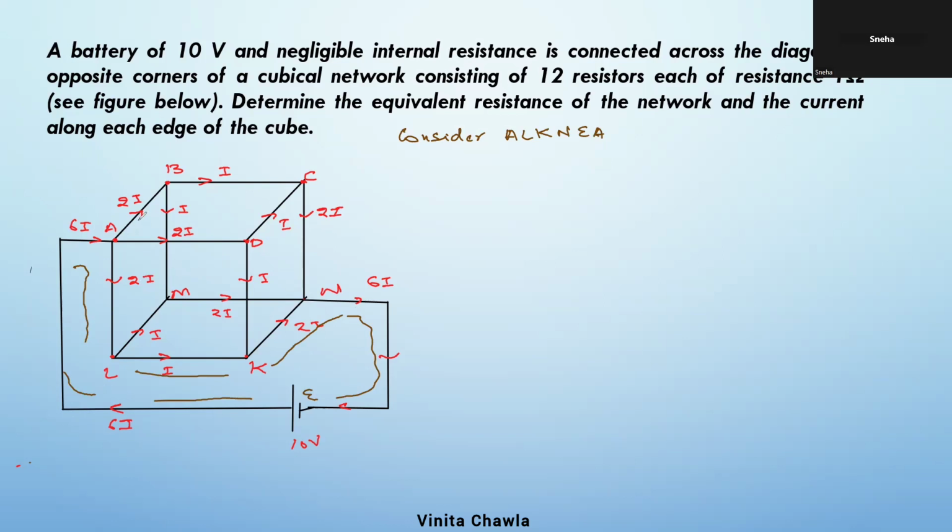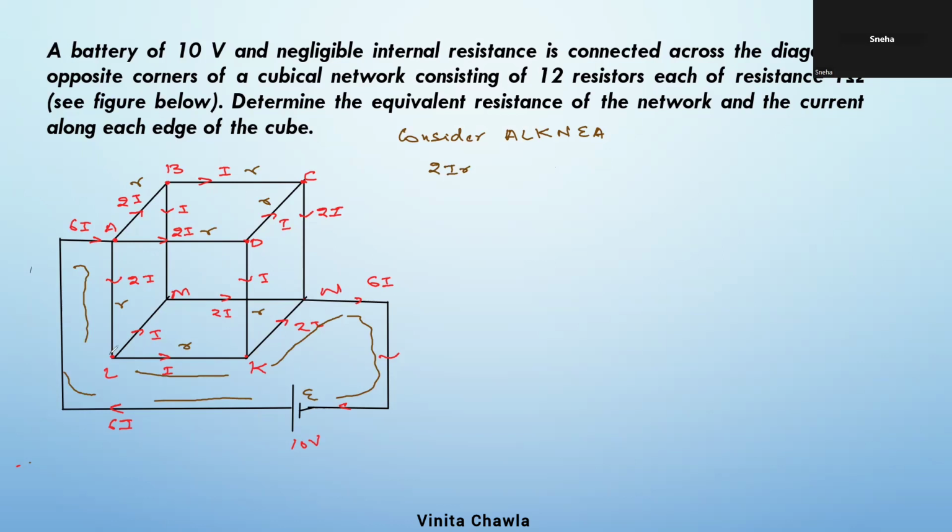So we are assuming that we can take small r as the resistance of each branch. Now apply the loop rule. 2I current is flowing through branch AL, resistance is r, so we can write 2Ir.